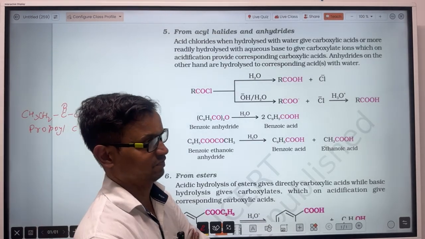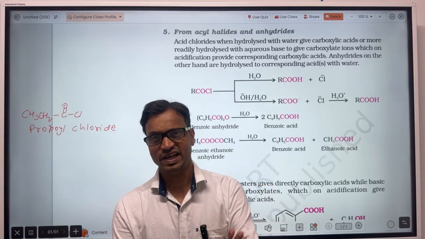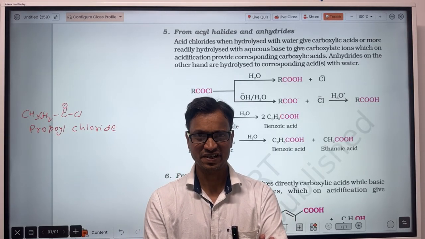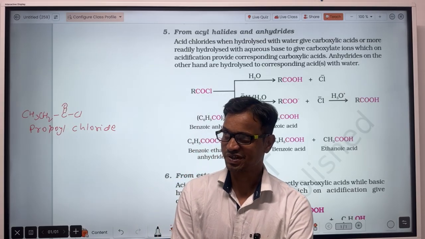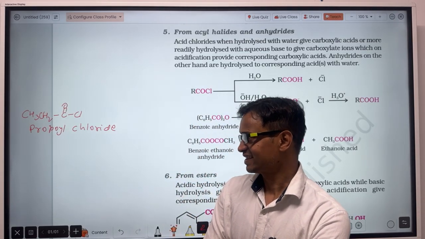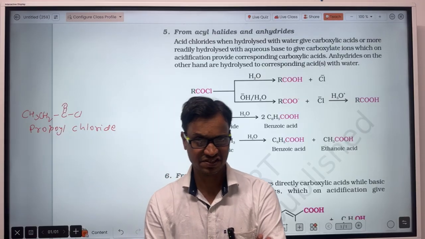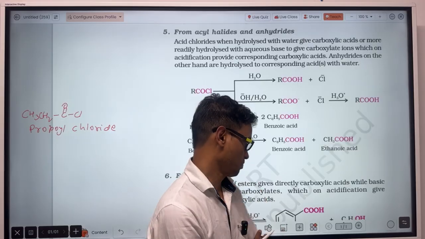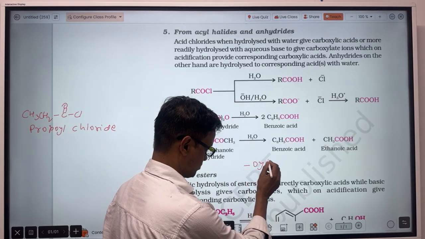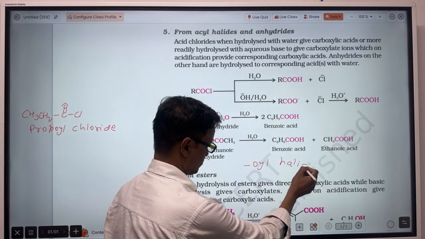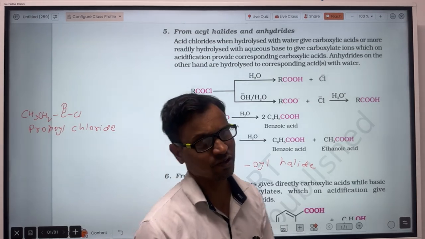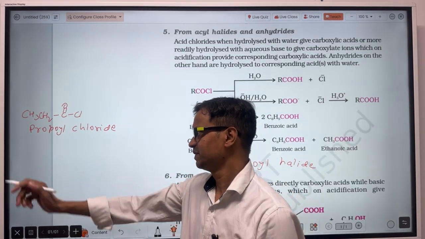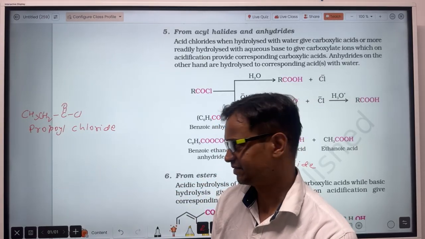When the halogen is directly bonded to the acyl carbon, then don't consider halogen as a separate functional group. So the compound name is acyl halide and the suffix used is oyl halide. And instead of writing alkane, here we write alkyl. So the name is propyl chloride.